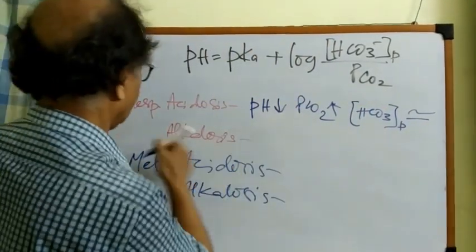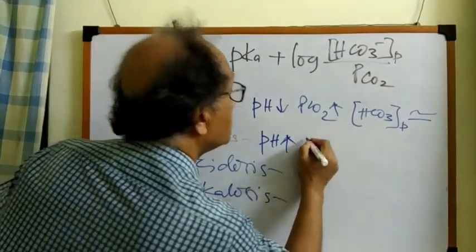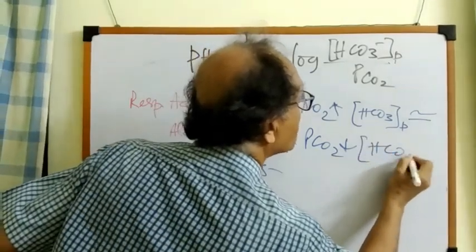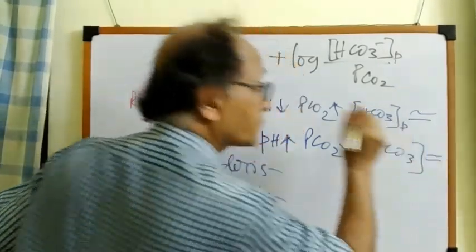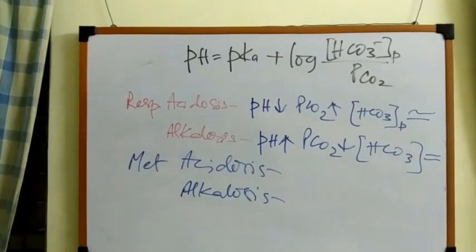In case of respiratory alkalosis, pH will rise, PCO2 will fall, and plasma bicarbonate will remain more or less unaltered, not much altered.